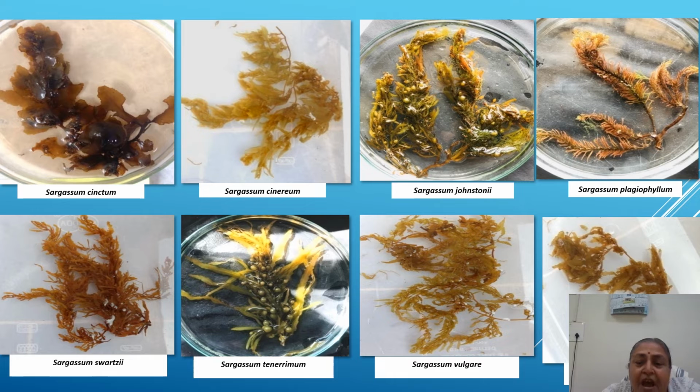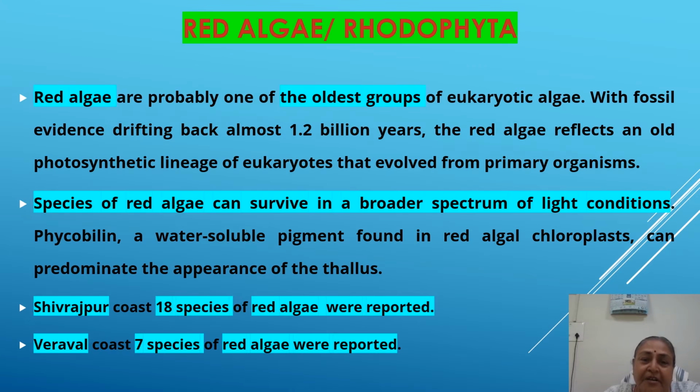Yes, I said we have reported 8 species of Sargassum at the Shivrajpur beach, and they have very diverse thallus structure, branching patterns, growth, and entire morphology is different in all the 8 species of Sargassum.